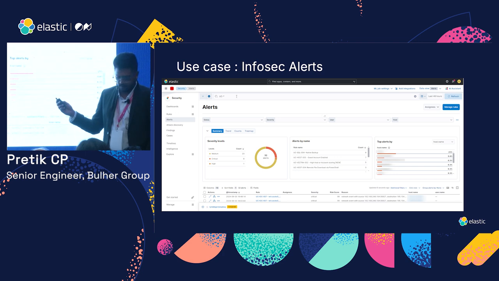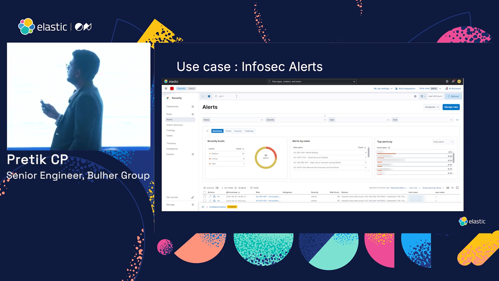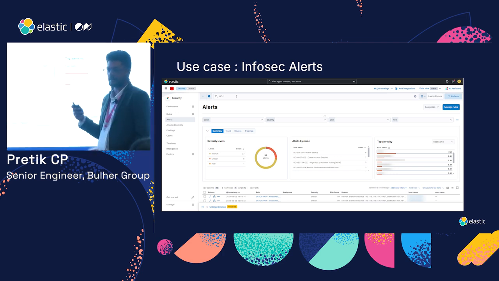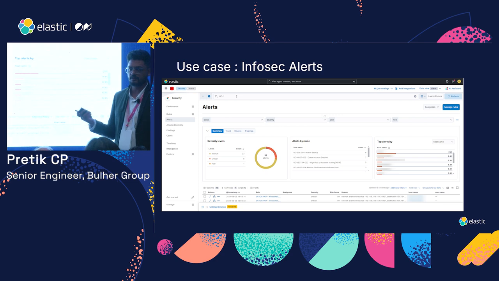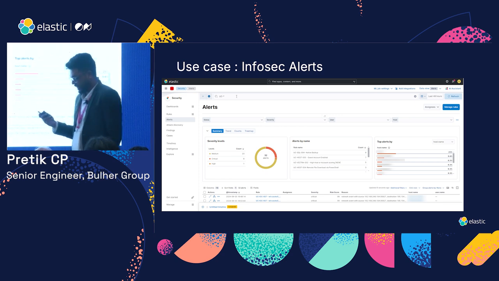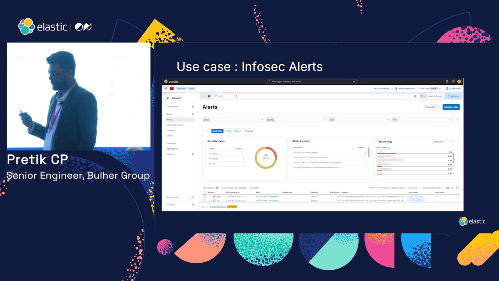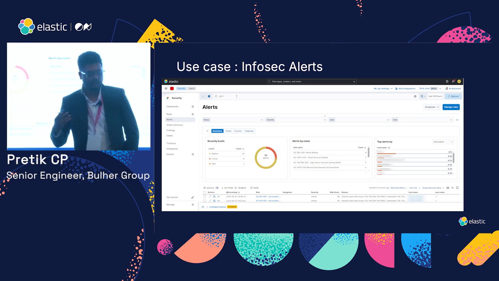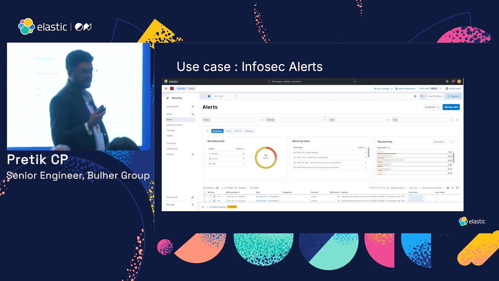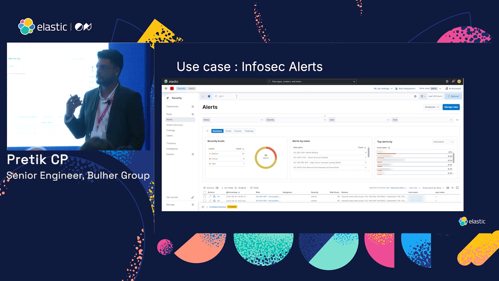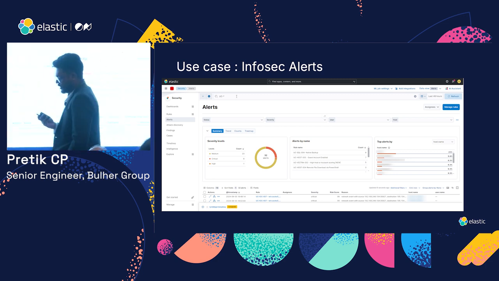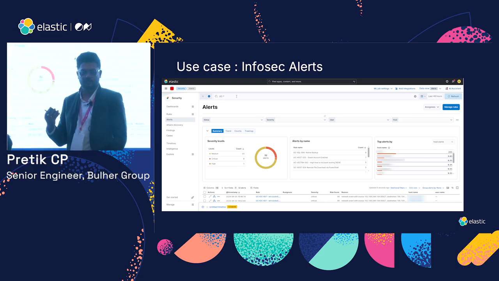The next one would be the last. Here I would like to talk about the InfoSec alerts, as we belong to the cyber defense team. We are in a phase of developing our own custom-built rules for what Bühler wants to monitor as a security team. Apart from that, we are leveraging the prebuilt rules from Elastic.